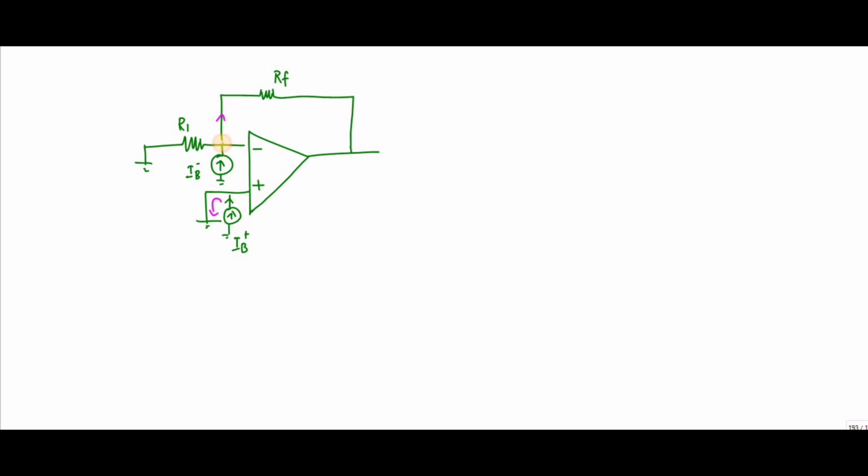So this point is V0. I can write 0 minus V0 is equal to IB minus into RF.